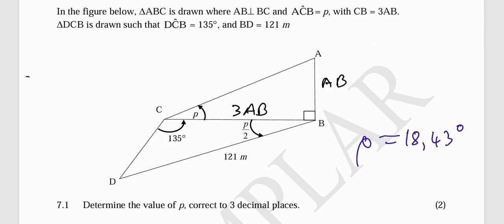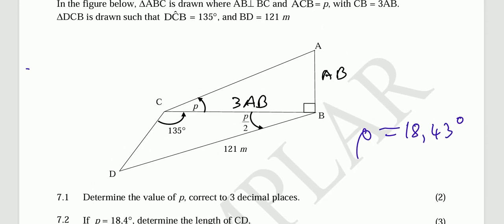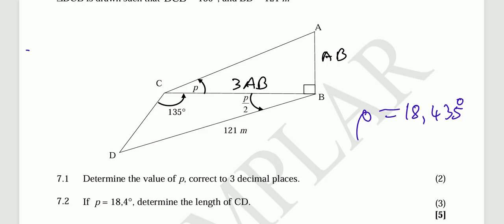Now they're saying, correct to 3 decimal places. We also have 5 marks here. Now they're saying if P is 18.4, determine the length of CD.